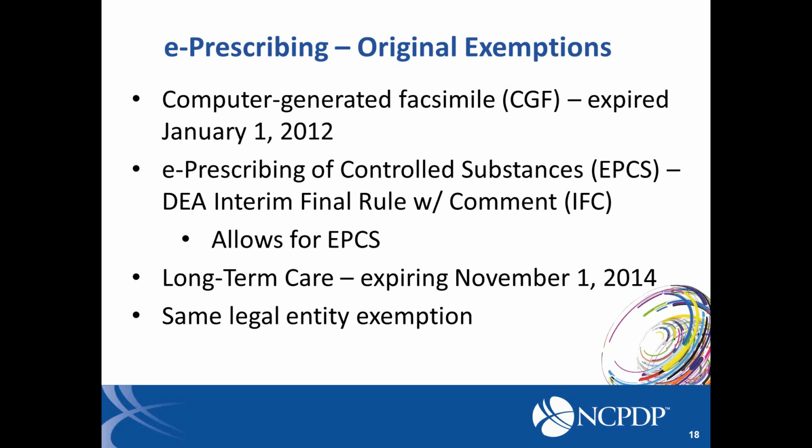If they are to receive an electronic prescription or a request from outside their entity, then they must be able to support the standards. Same goes if they were to send something outside of the legal entity's walls, they would have to use the ePrescribing standards. Next slide, please.